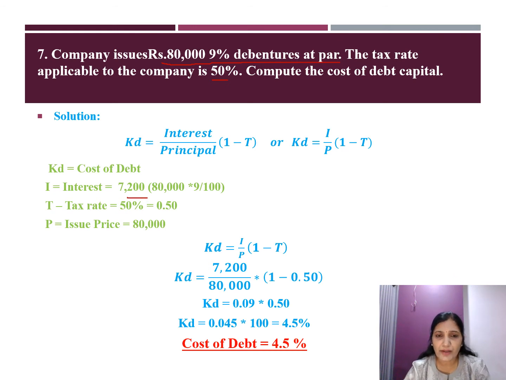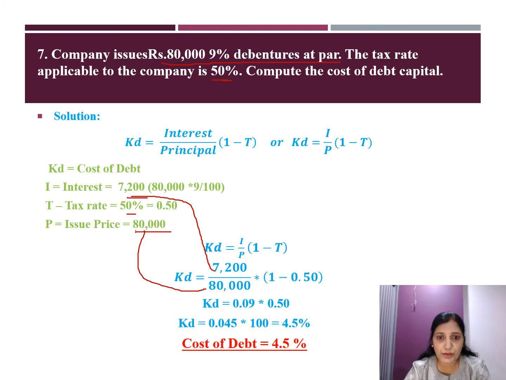Now tax rate is 50%. It is clearly specified over here. So 50% means, if I convert it into value, it will be 0.50. Issue price is 80,000, that is given over here. If I substitute all these values into the formula, KD is equal to 7,200, that is the interest, divided by principal, that is the issue price, 80,000, into 1 minus 0.50, that is for tax.